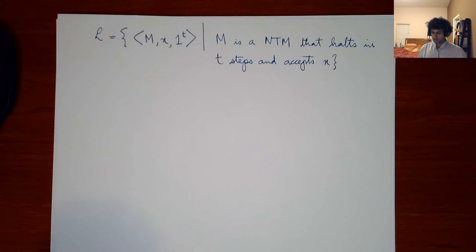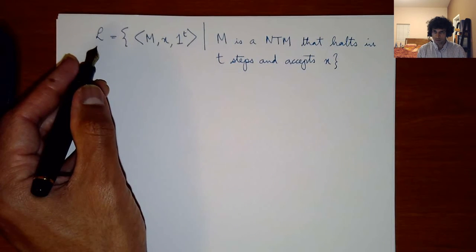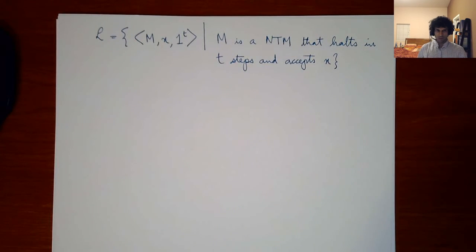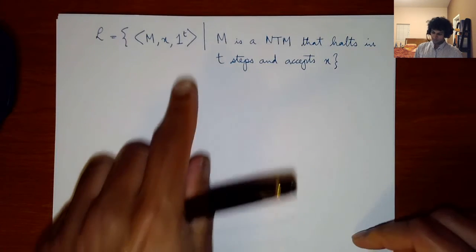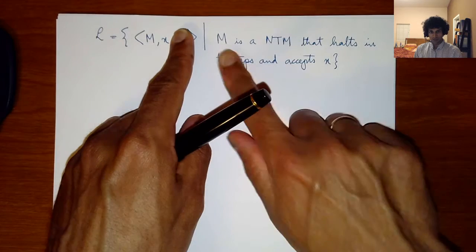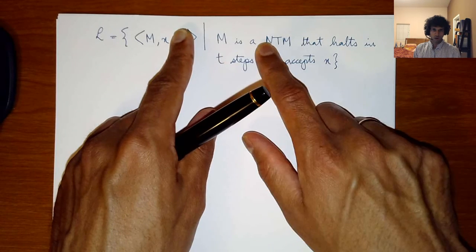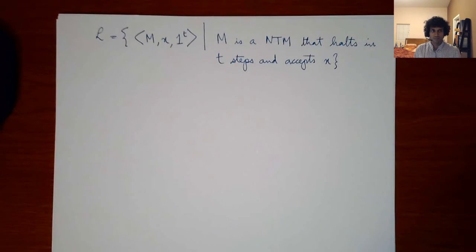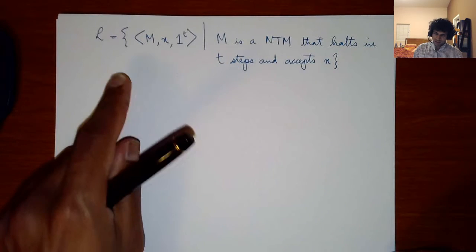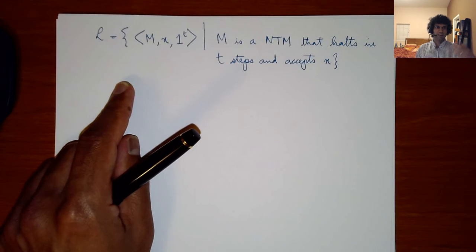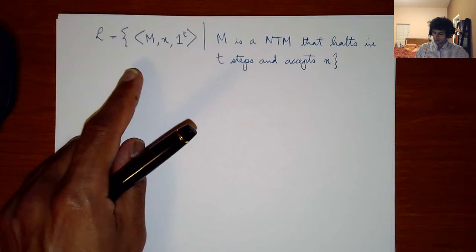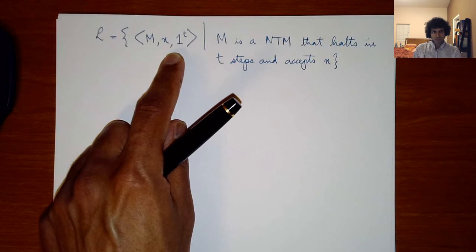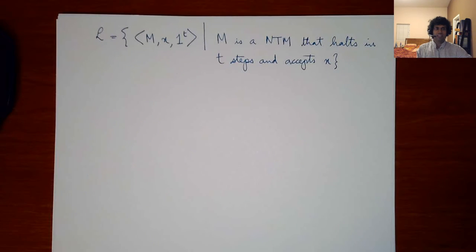Okay, this language is very similar to the universal language. If you didn't have the 1 to the T and you just had a normal Turing machine, this is just the universal language. Think of it as the NP variant of the universal language, where you also give as input how many time steps to run.